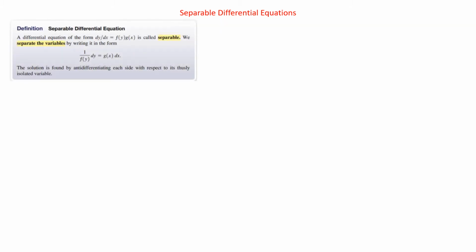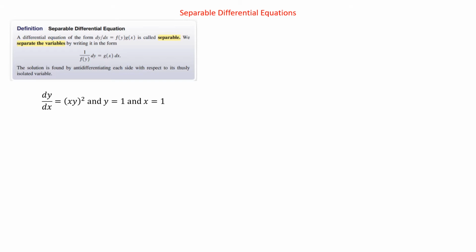So our definition here: if it's written in the form 1 over f of y dy equals g of x dx, all the y's are on one side, all the x's are on the other side. So looking at it, we can have a differential equation right here, dy over dx equals xy squared, and then y equals 1, x equals 1. This would be a solve for y. So we're going to find the general solution.